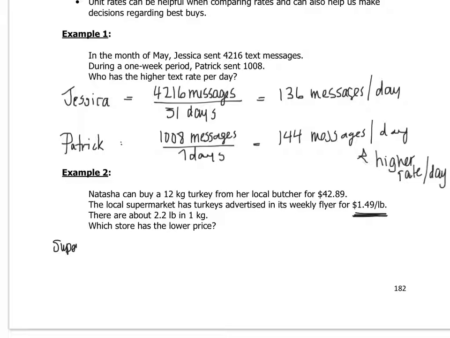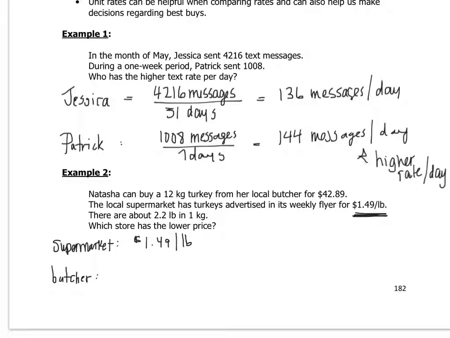So the supermarket has a rate of $1.49 a pound. If we want to compare the butcher's price, it would be easier to compare the prices if we had the butcher's price per pound as well.